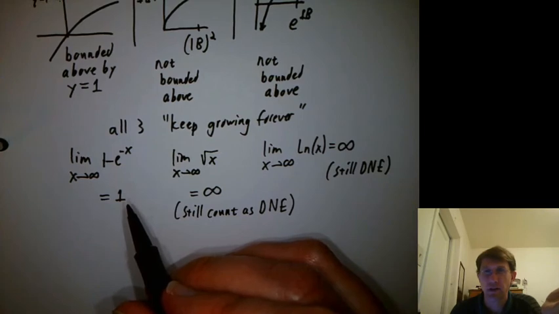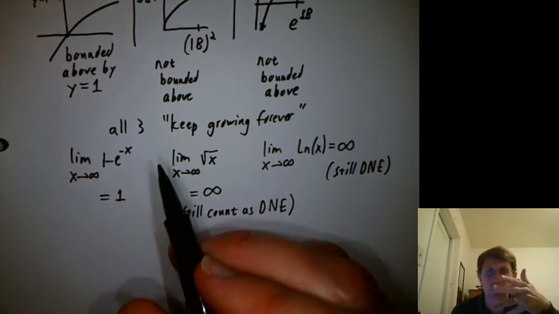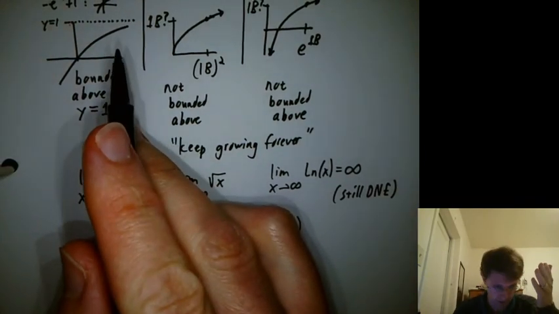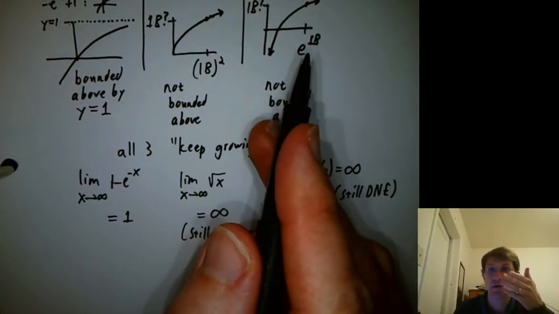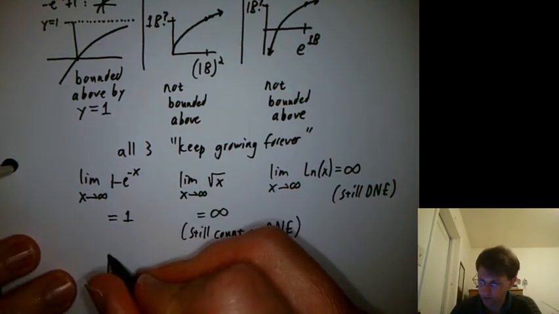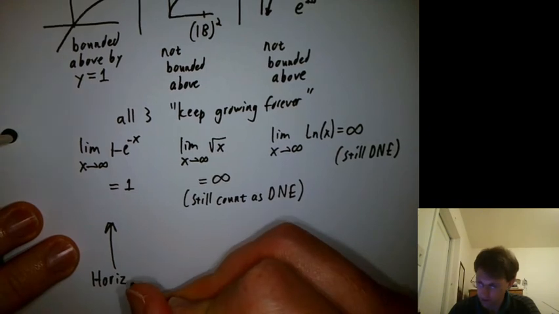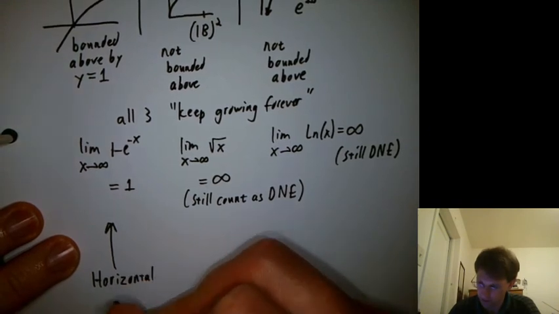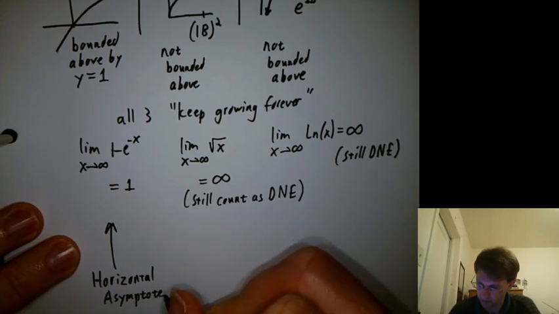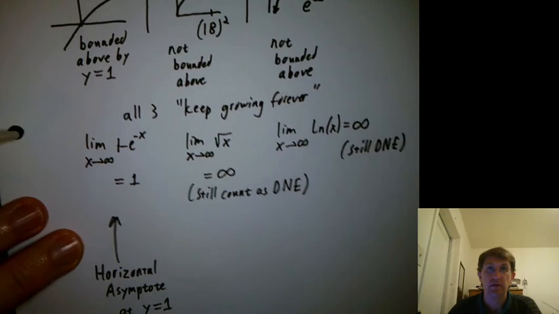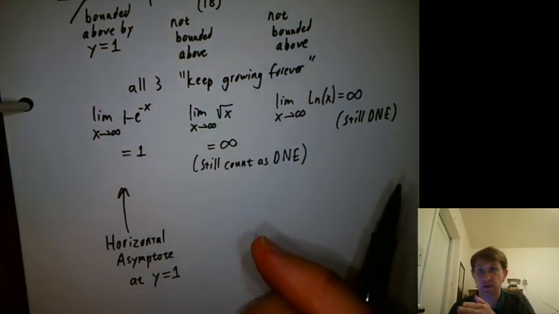And next we'll think more about horizontal asymptotes. What would you say is a horizontal asymptote here? Does that look like a horizontal asymptote? Yeah, but these don't have them, right? So this one, we could say it has a horizontal asymptote at y equals 1, at least as we're going to positive infinity.